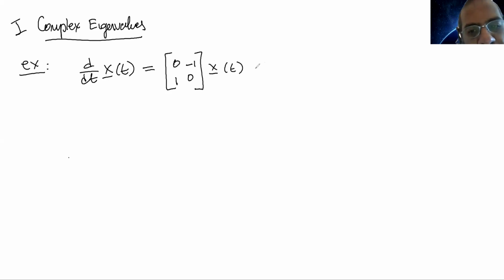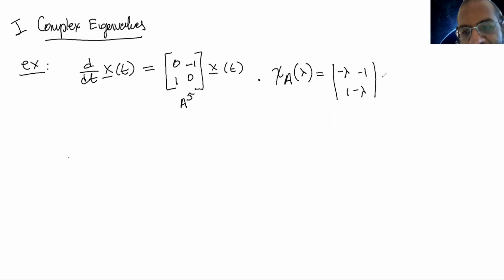Now we know how to try to solve this. Find the eigenvalues. This is the matrix A. What's the characteristic polynomial of this A? Well, it's the determinant of minus lambda, minus 1, 1, which is just lambda squared plus 1.